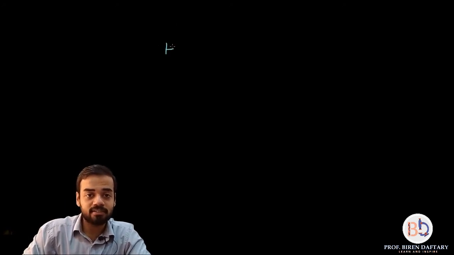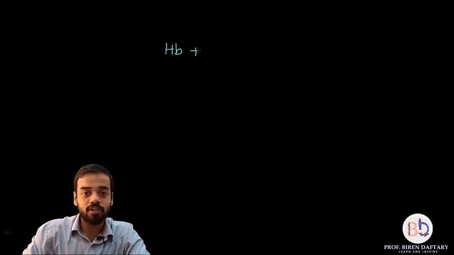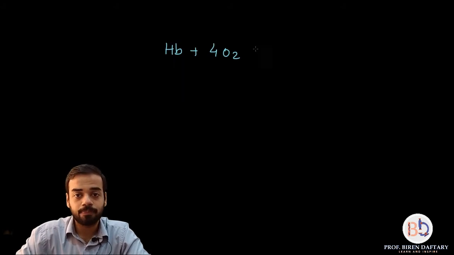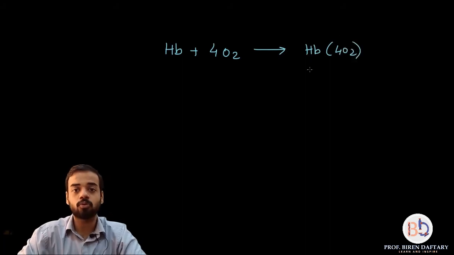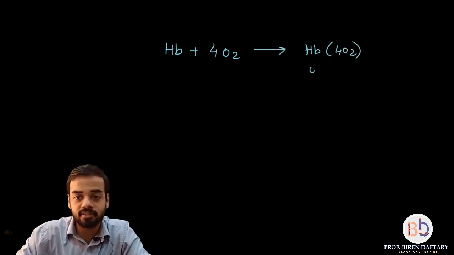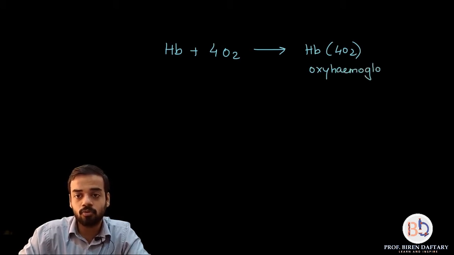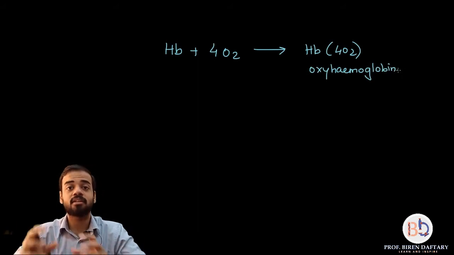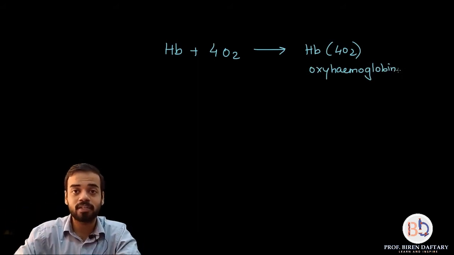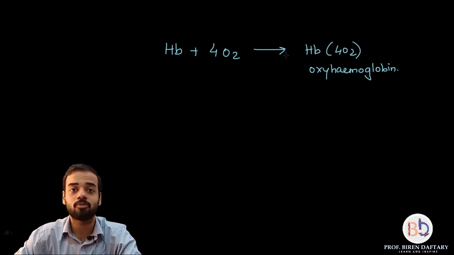The reaction is somewhat like this: one hemoglobin molecule binds with 4 molecules of oxygen to give a complex, Hb4O2, and this structure is called oxyhemoglobin.